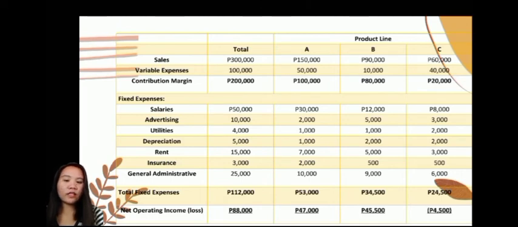If this product line is dropped, then the company will lose 20,000 pesos per month in its contribution margin because all of these segment sales and variable expenses will be eliminated. Compared to its contribution margin, its total fixed cost is higher. That's why it resulted in a net operating loss of 4,500 pesos.